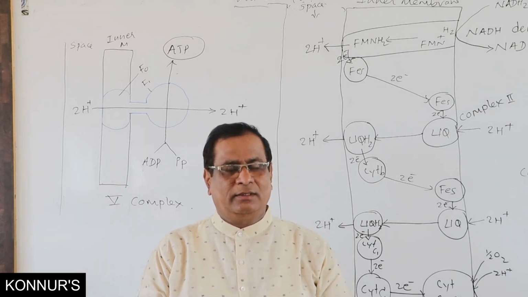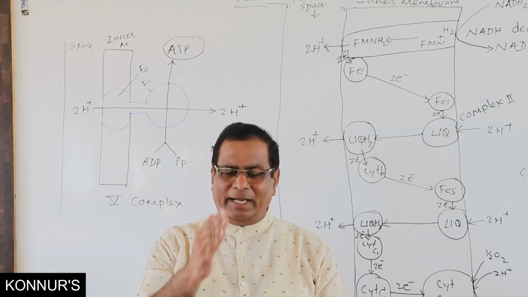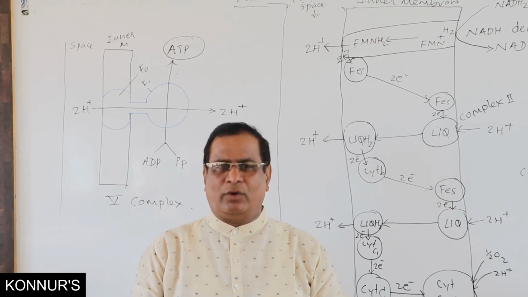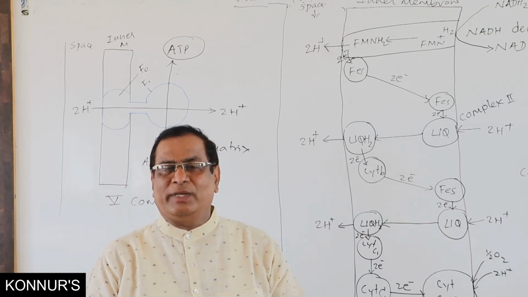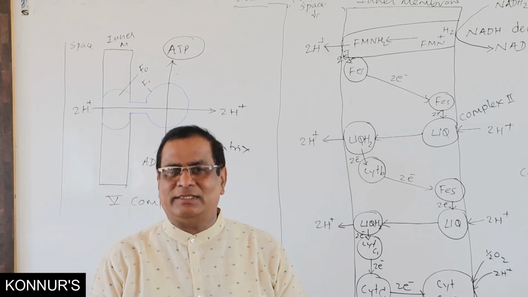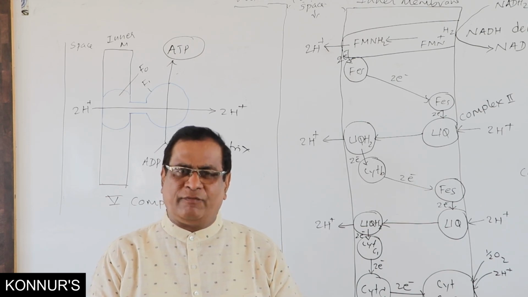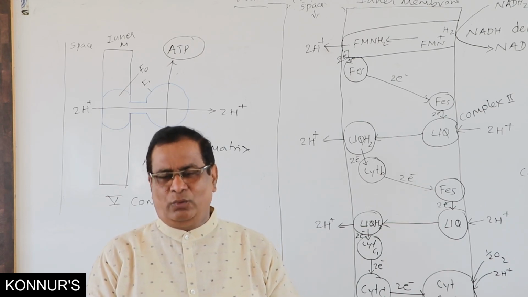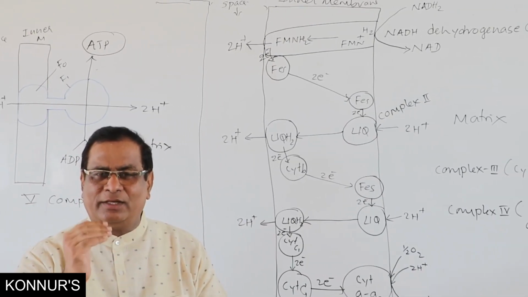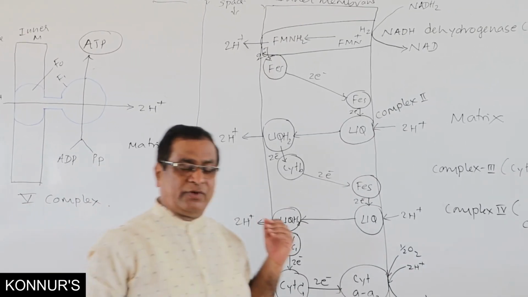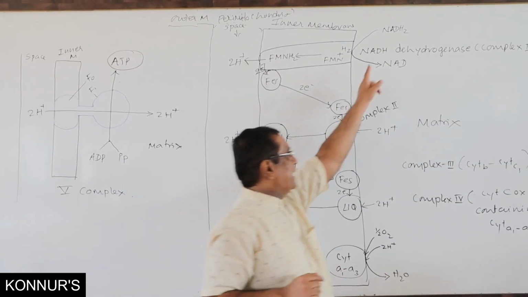This is the way 3 ATPs are formed from NADH2. A very important thing you must remember is that there are totally 5 complexes. Which of the following is the first complex? That will be the question. What is the first complex?